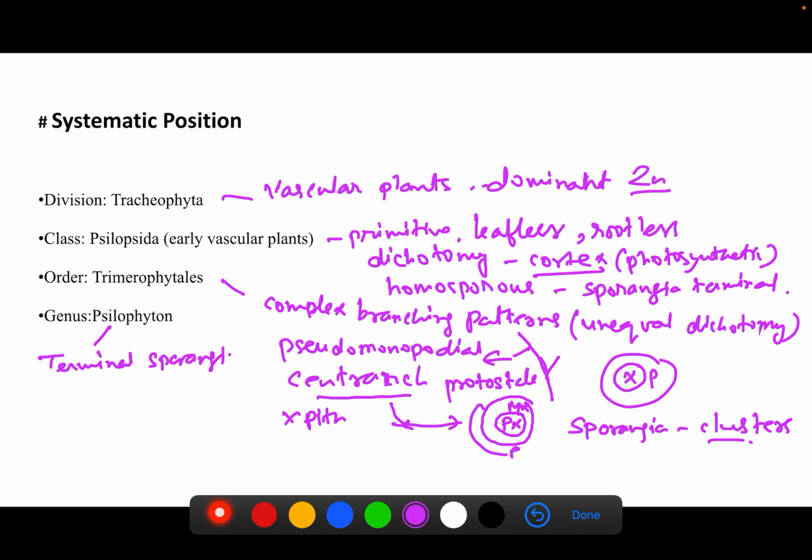The sporangia dehisce longitudinally, that means the sporangia split longitudinally to liberate the spores. And with the centrarch protostele and all those things said, this is why it is under Psilophyton.